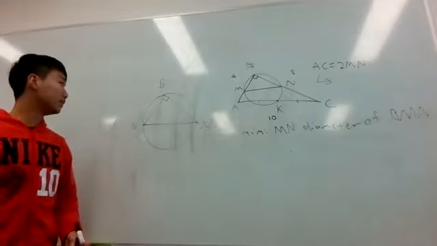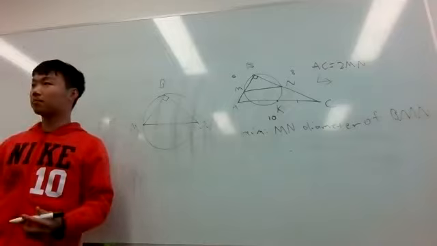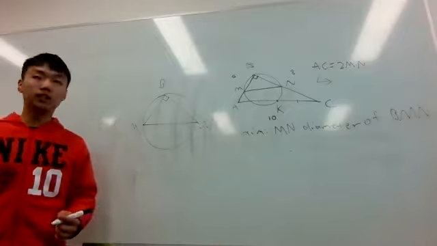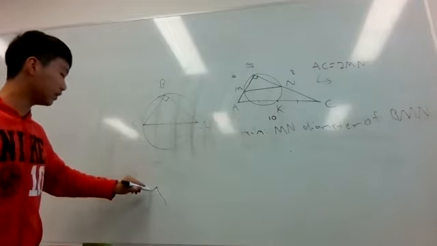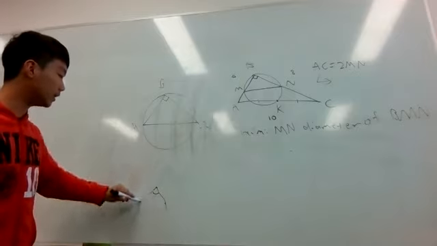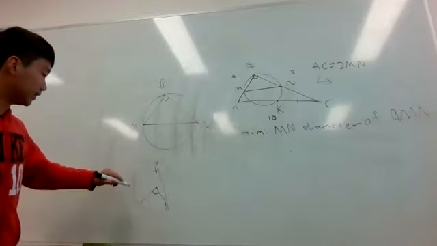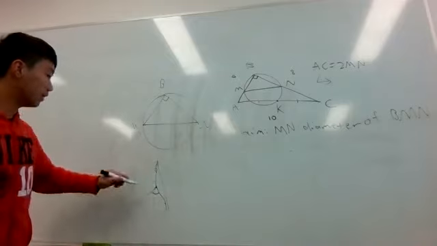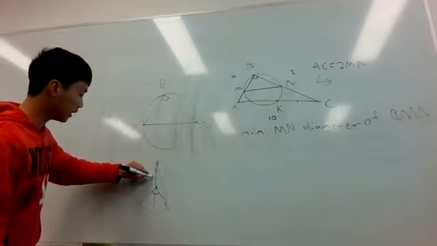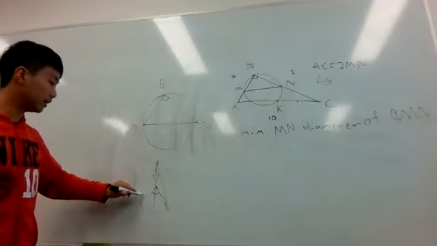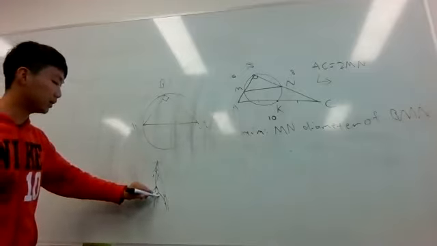So can anyone who hasn't seen this before see why that might be true? An easy way to do it is, are you guys aware that the angle at the center of the circle is twice the angle at the circumference? So a way you can do this is, for this x and y, you know that this is x, this is y, and then this is 2x and this is 2y.